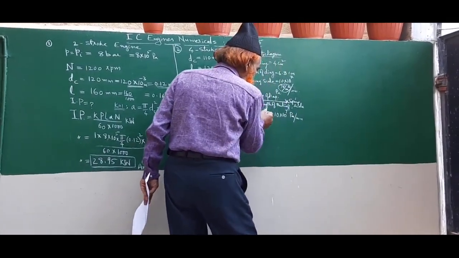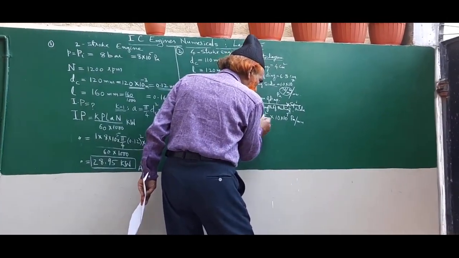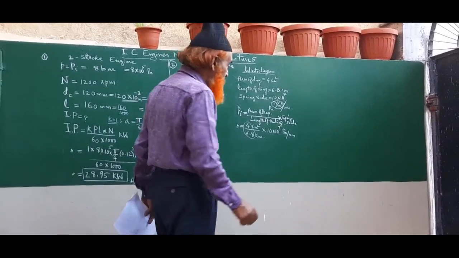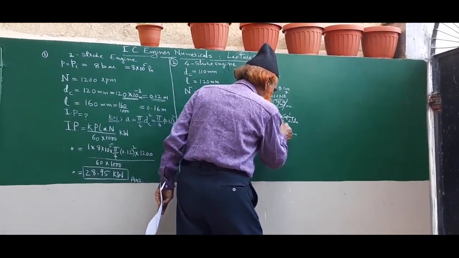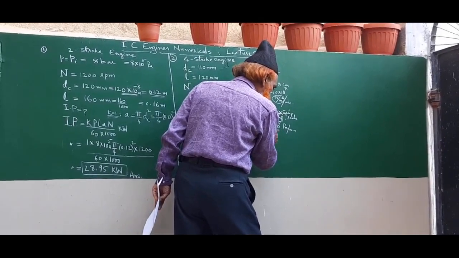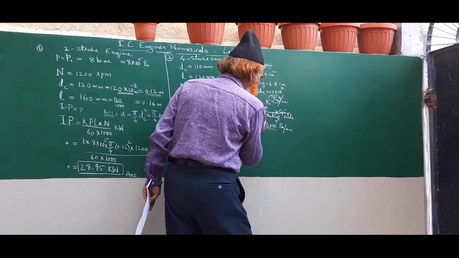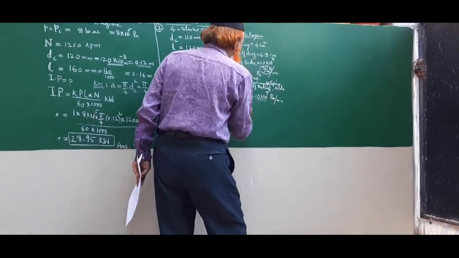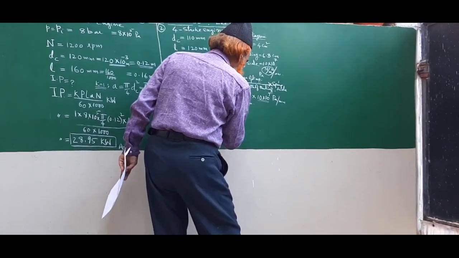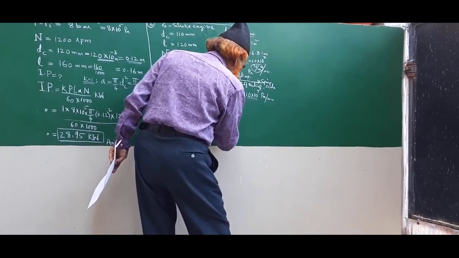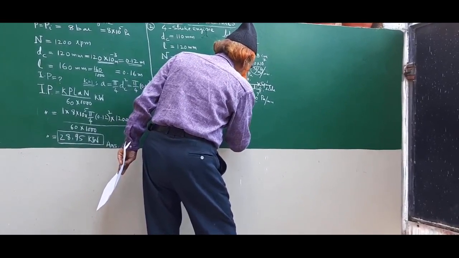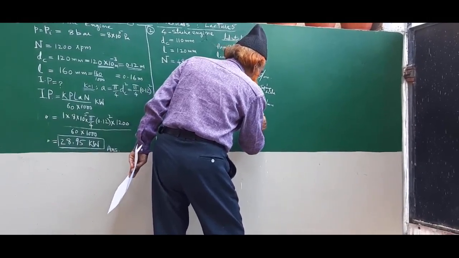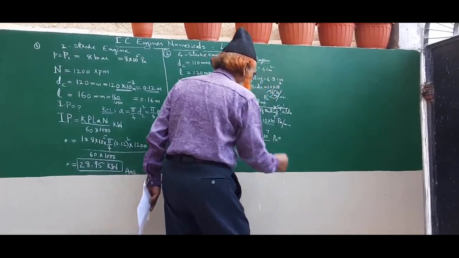Here centimeter square, 1 centimeter gets cancelled. What is remaining is this ratio will give us so many centimeters. Then this constant is to be taken as Pascal per centimeter, so that centimeter and centimeter get cancelled and we will be getting the pressure in Pascal. Therefore, this is to be divided by 4 by 6.8 into 10 into 10 to power 7 divided by 10, then it will become Pascal. Okay, is it clear to you?